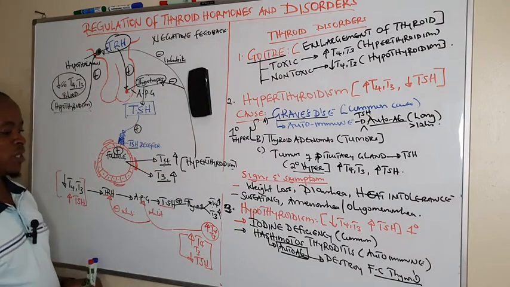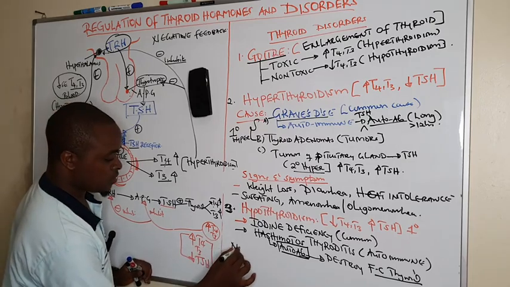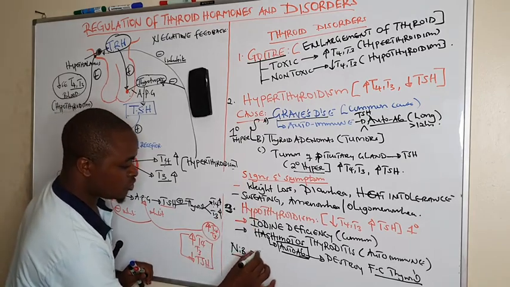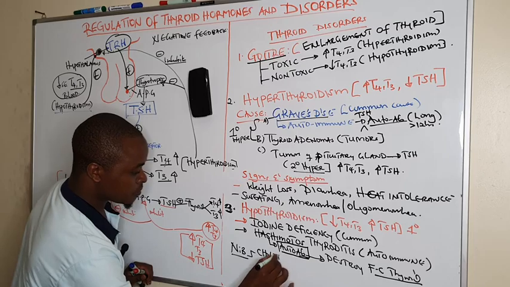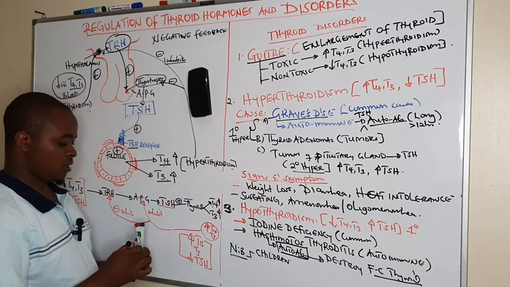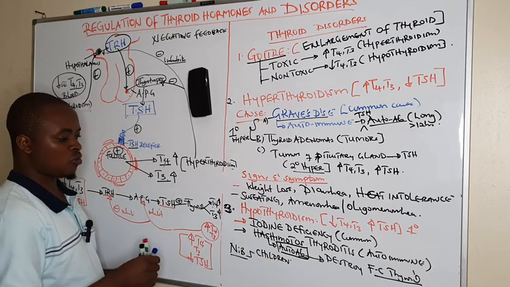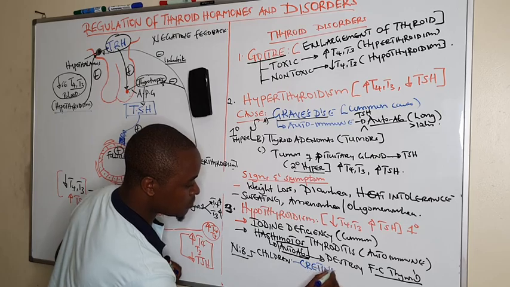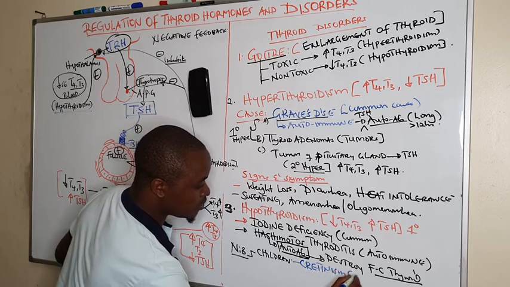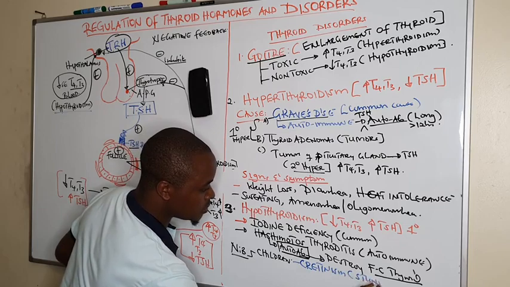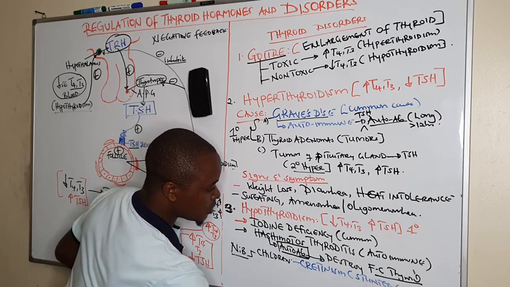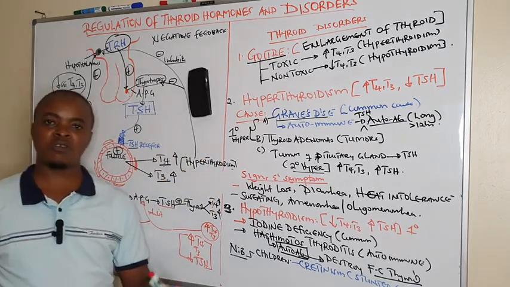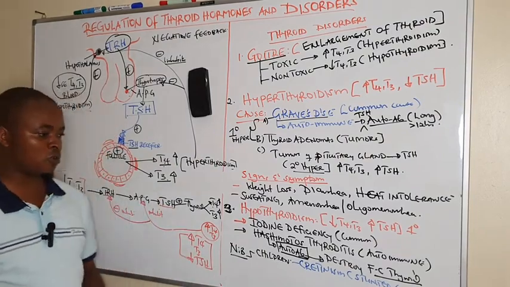And this hypothyroidism, I can say NB that hypothyroidism in children leads to a condition known as cretinism, which is stunted growth. So you find these children, because we saw one of the functions of thyroid hormones is for growth.